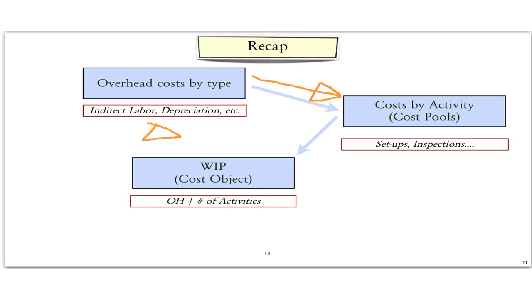We then determine activity rates and use those activity rates to assign costs from the activity cost pools to the work in process inventory. So instead of going directly from overhead to work in process as we would go in a traditional system, we use this less direct method in the hope of getting a more accurate reflection of resource usage assigned to individual jobs.